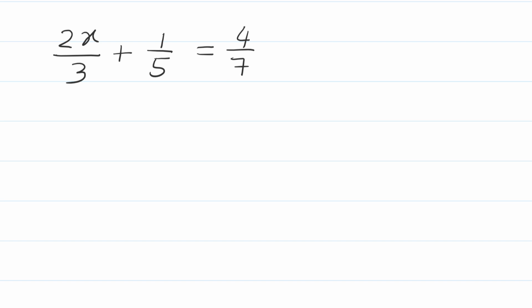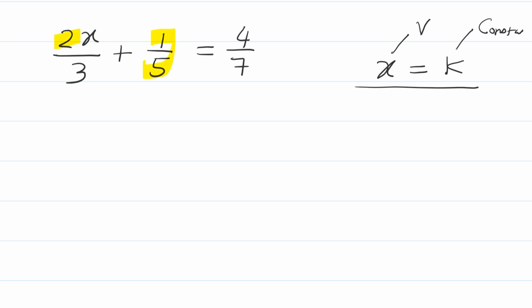Now, to solve any equation, we have to express the equation in x is equal to k form. The left hand side is the variable and the right hand side is a constant. So we are going to remove the constant term 1 by 5 from the left hand side.